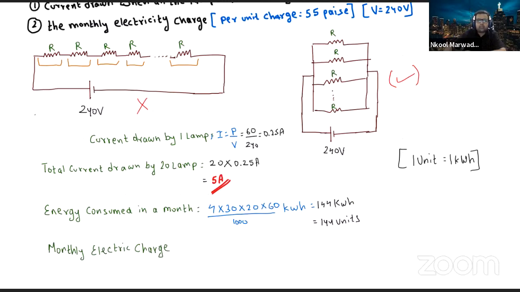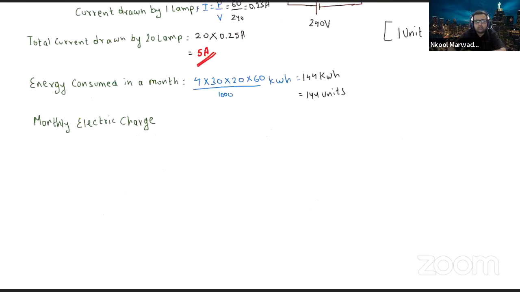And the monthly electric charge will be 144 units into 0.55 rupees, it's a per unit charge. I will get the bill of rupees 79. This is the answer.